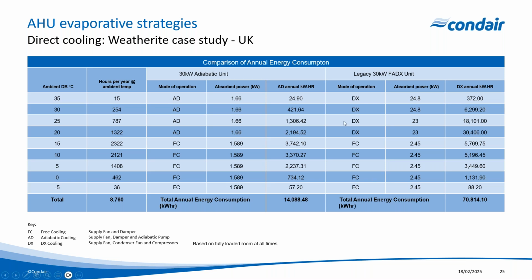You can see the absorbed power on the next column, and they're not really that different. We've got 1.589 for the adiabatic unit, 2.45 for the DX cooling unit. We do see a slight decrease on the adiabatic unit, and that's primarily from more efficient fan motor and fan blades, but relatively close together in terms of power consumption.